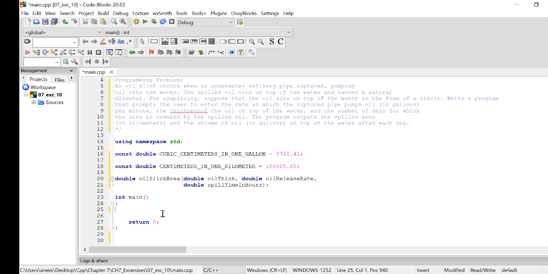Now after writing down this function prototype, we can move on to the main function.